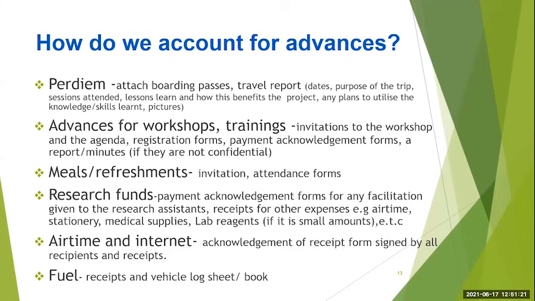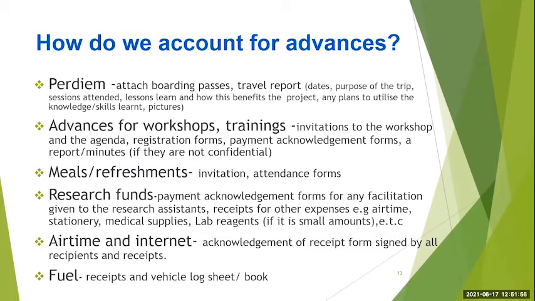So it's better to add an acknowledgement of receipt form where they can sign that they received that airtime on their phones. That is really important so that the auditor doesn't doubt whether these people received their internet or their airtime. So fuel, we usually use the receipts, and maybe there is a vehicle log sheet or log book that the driver fills in for every trip.